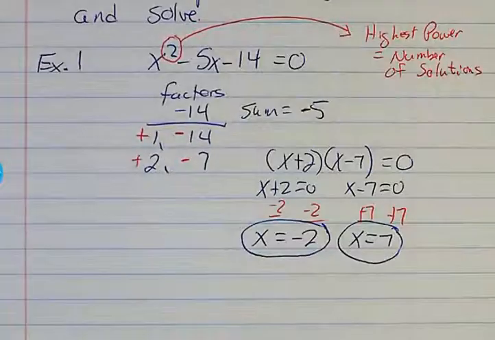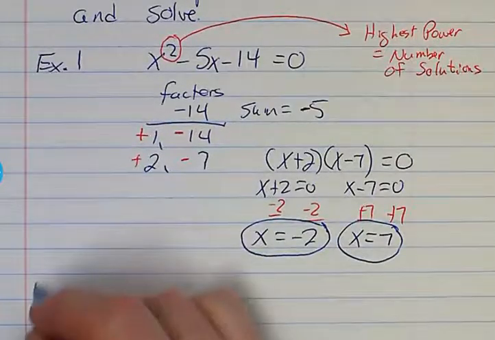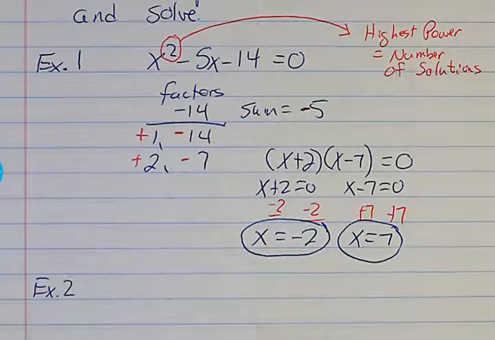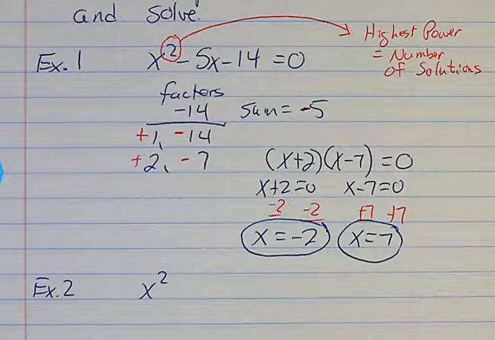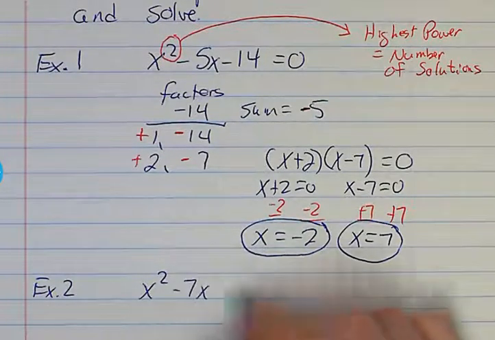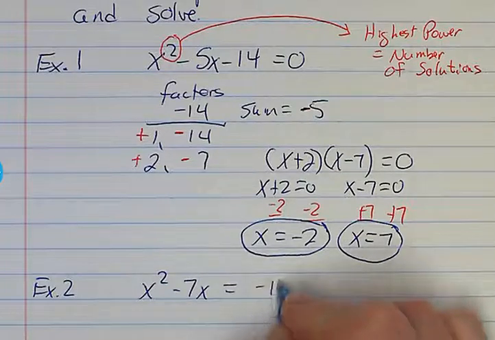Alright, so let's give you one that's the same kind of problem, just a little different look to it. Okay, let's go with x squared minus 7x equals negative 12.